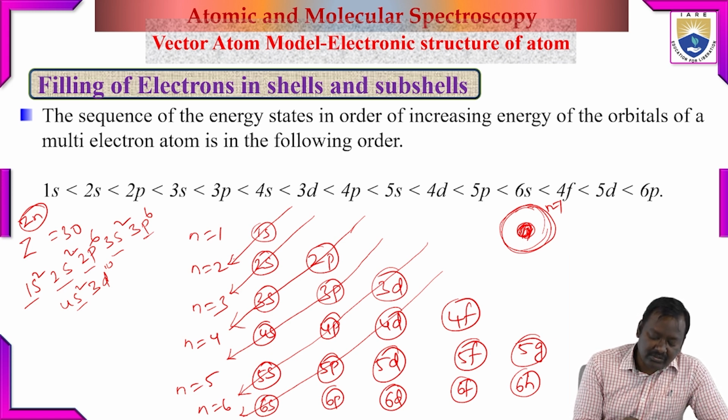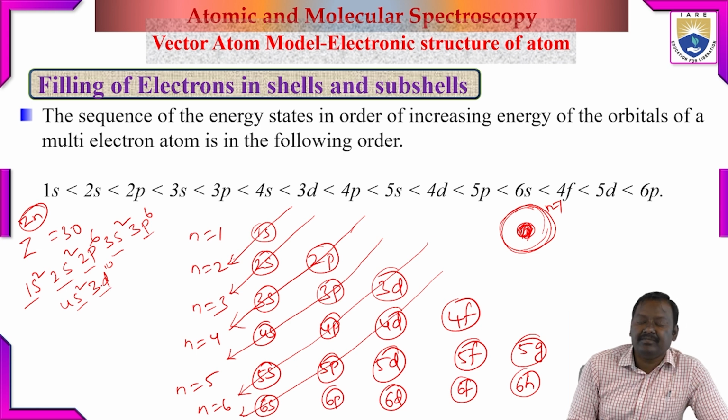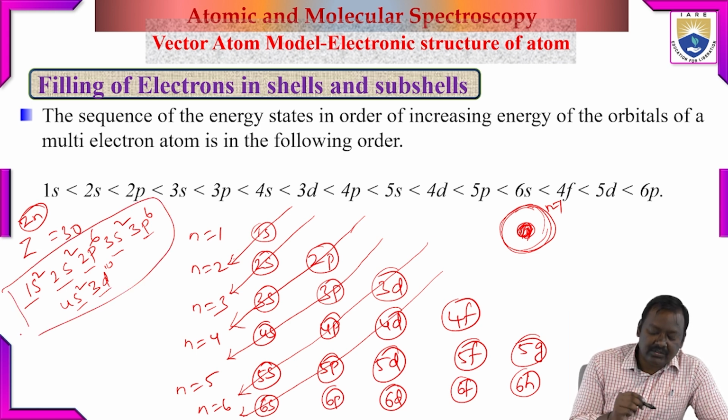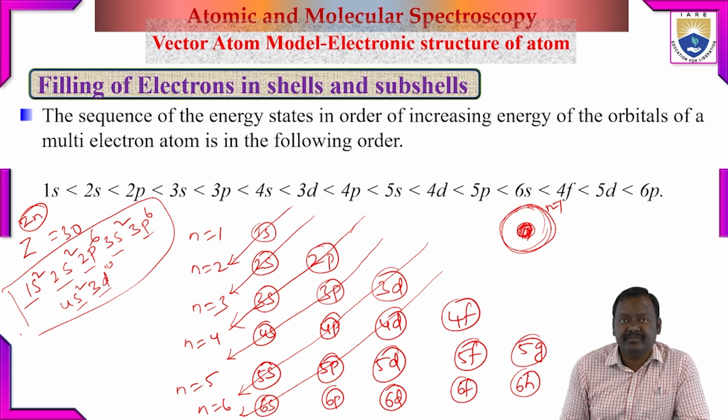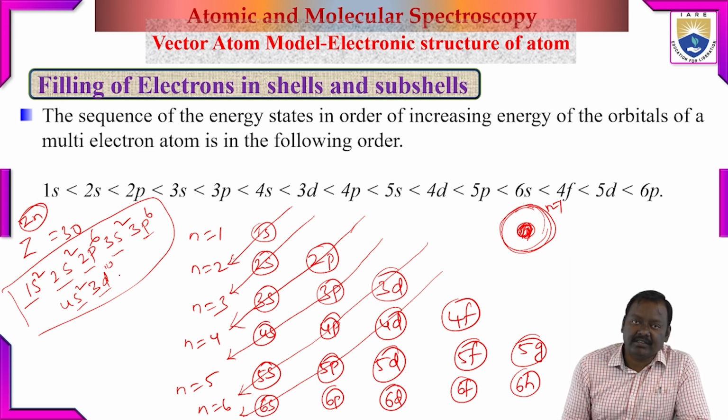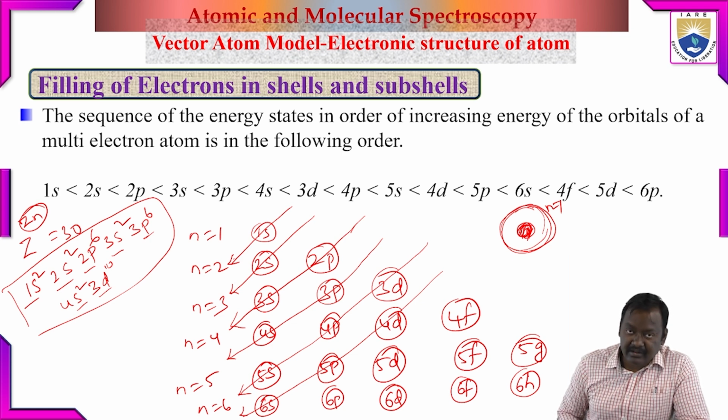So 2 plus 2, 4, 6, 10, 12, 18, 20, up to here 20, here 30. So this is the electronic configuration of the zinc atom. This is the order to be followed for filling of electrons in different orbitals of an atom.